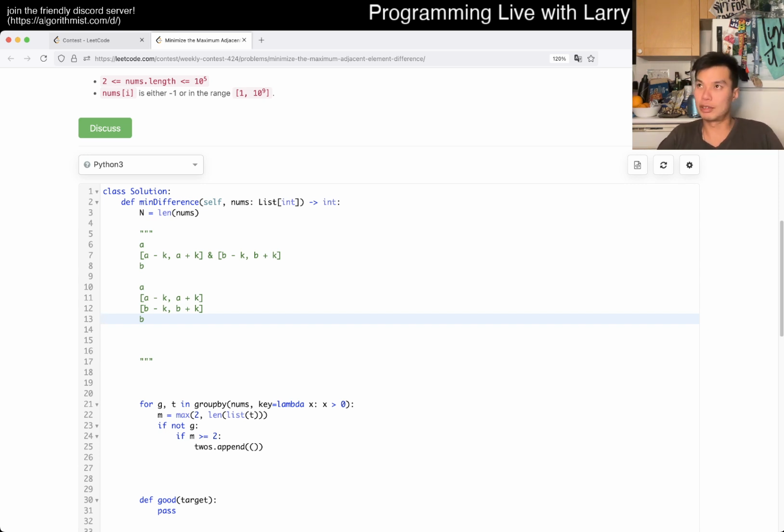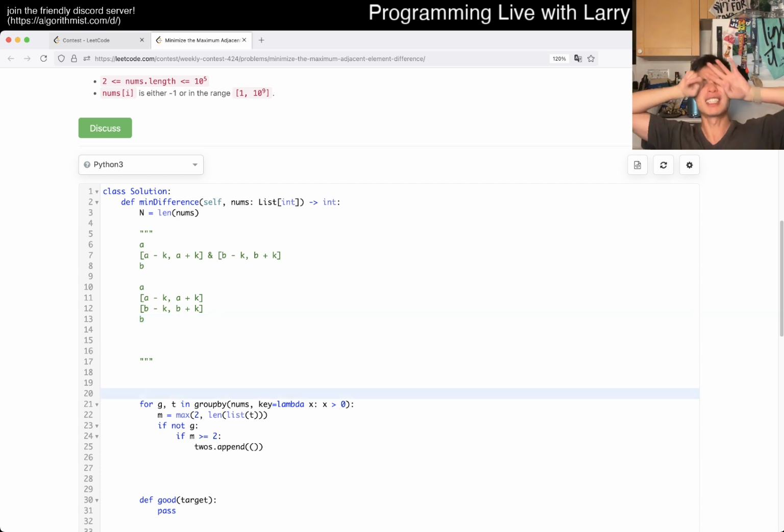How do you merge the two numbers? I guess you don't have to. It just has to be in that range. And then you do a scan. I don't know. How do you do the prefix? So, okay, what does the prefix look like?